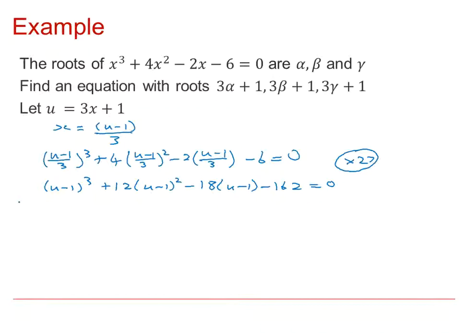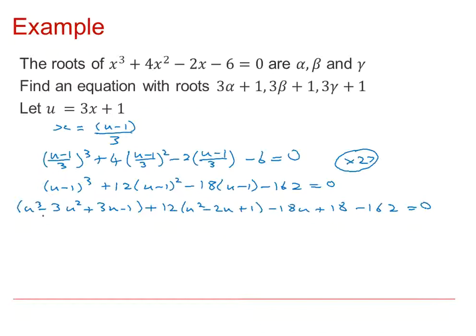Expanding u minus 1 cubed, with or without Pascal's triangle as preferred, I get u cubed minus 3u squared plus 3u minus 1. Then expanding 12 lots of u minus 1 squared gives me u squared minus 2u plus 1, minus 18u plus 18 minus 162 is 0.